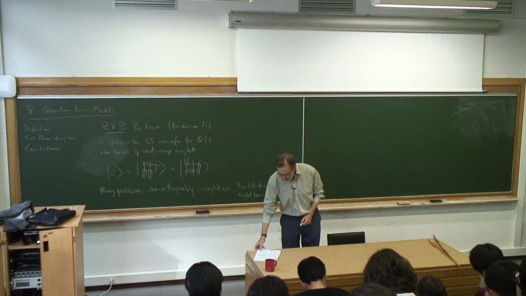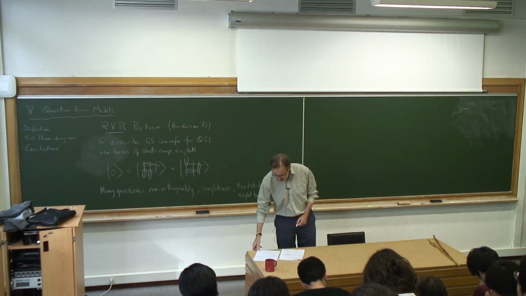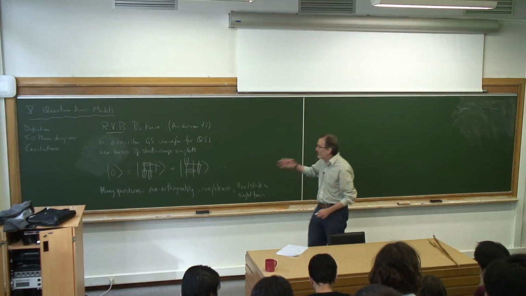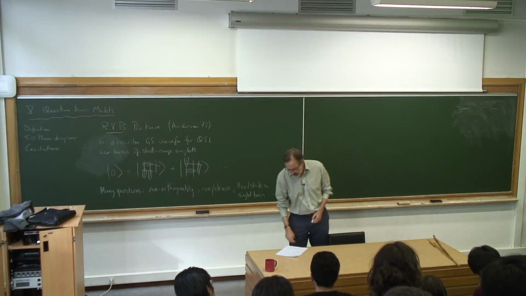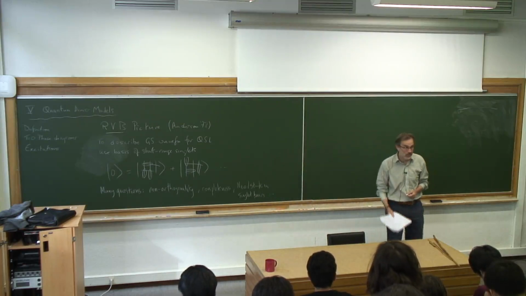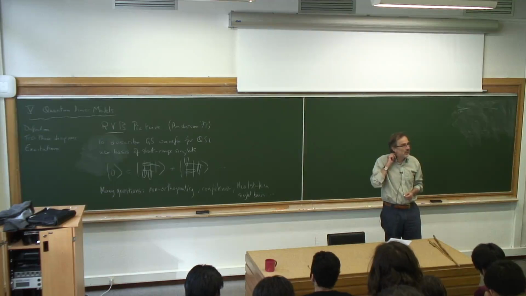And certainly all those questions and more have been thought about in lots of detail, but I'll just leave them there and go on to define quantum dimer models. Any questions at that point?